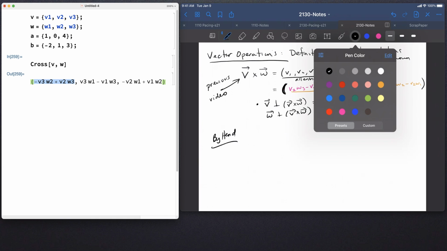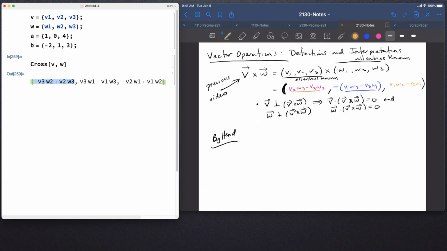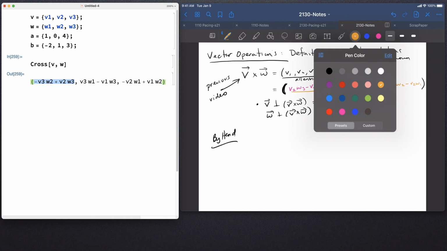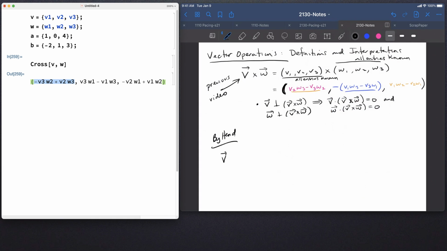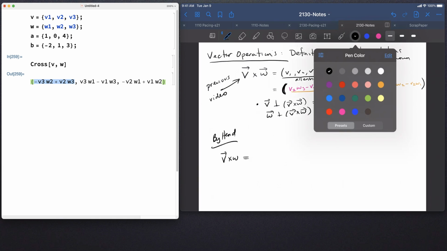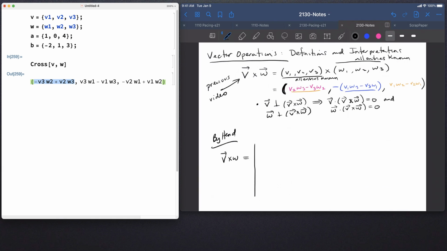Let me switch this one to orange. So if we're going to compute, for example, the vector v crossed with w, the way to do that is to compute a determinant of the following objects.